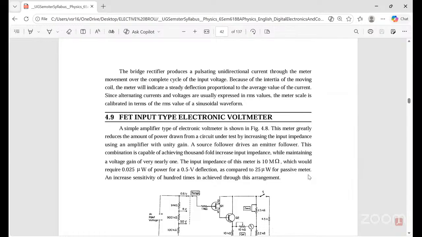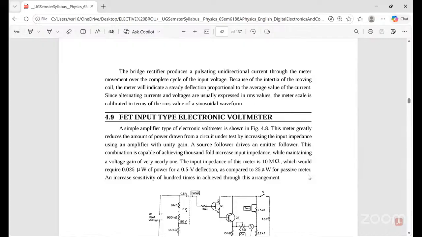The bridge rectifier produces a pulsating unidirectional current through the meter movement over the complete cycle of the input. Because of the inertia of the moving coil, the meter will indicate a steady deflection, which is proportional to the average value of the current.